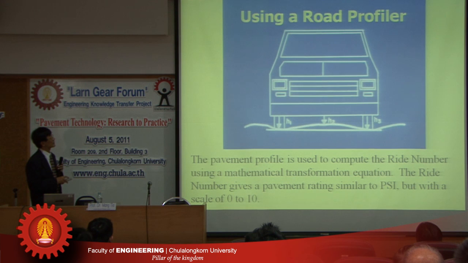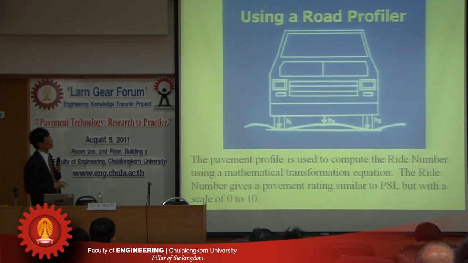Okay. Then basically this front bar here contains the laser sensor. It sends out the signal, and it picks up the reflection, so it can measure the distance between this front bar and the pavement.